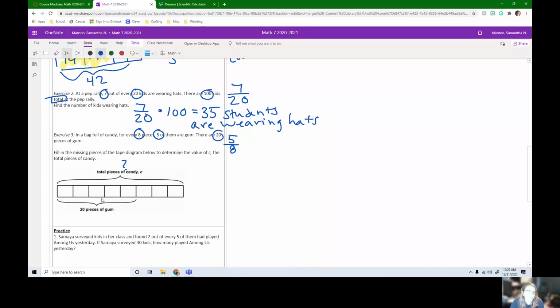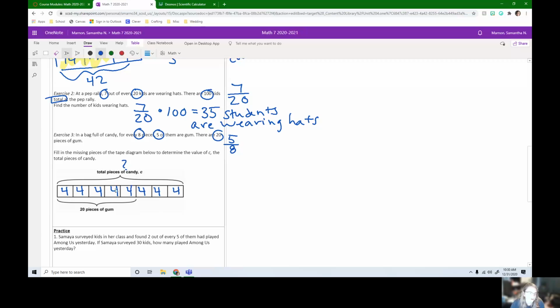So here are 8 total boxes, and 5 of them are the gum. So if we have these ones, these 5 are 20. 20 split into these 5 boxes would be 4 in each. So here are 20 pieces of gum split into 4, but now we know that each box is the same. So now for our 8/8, or that total, we just have this many.